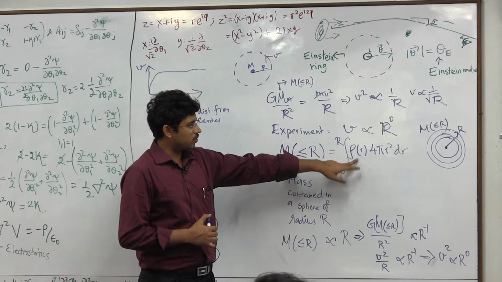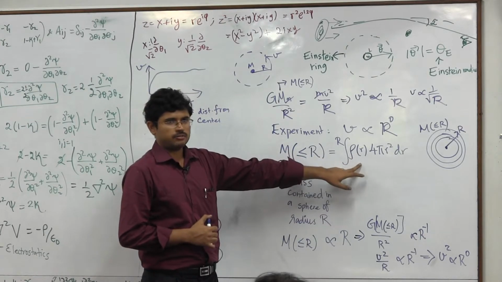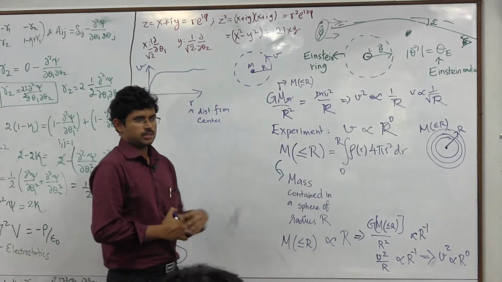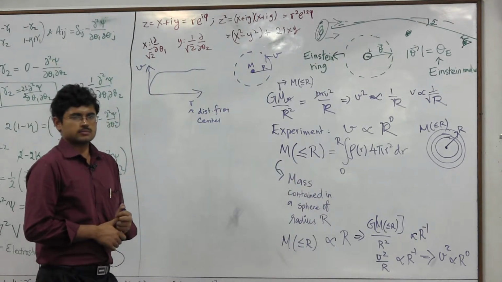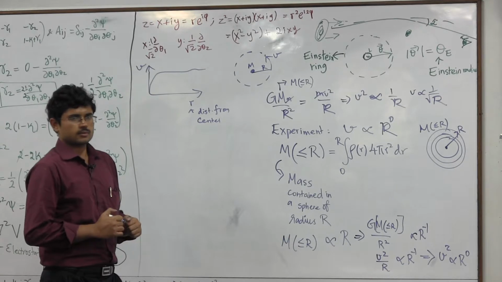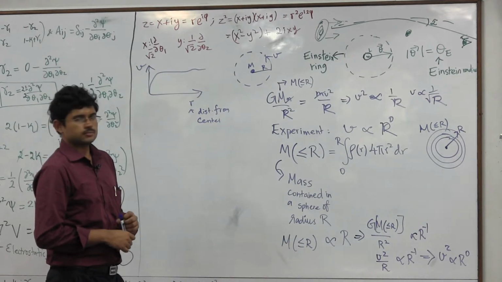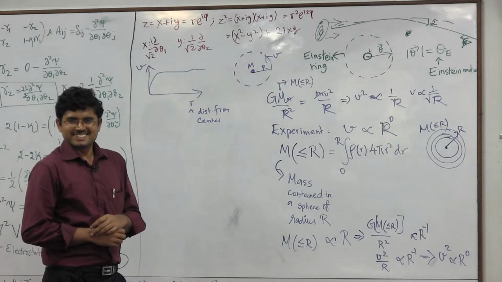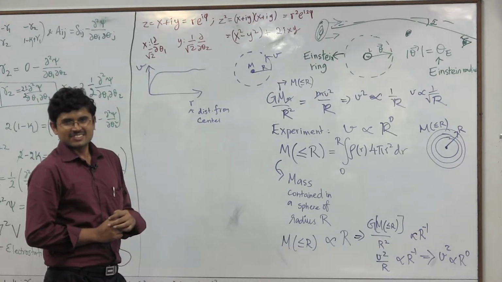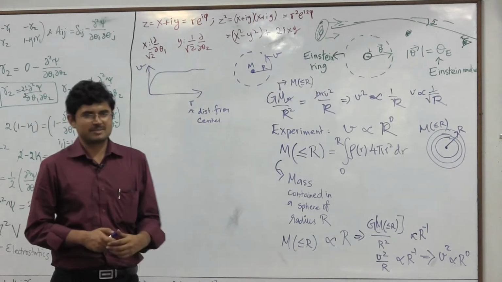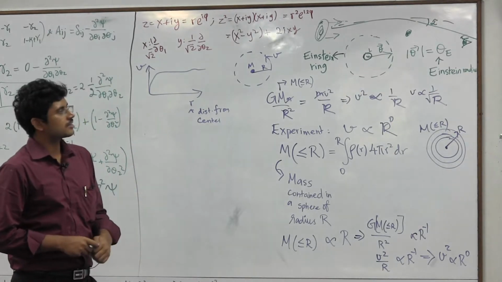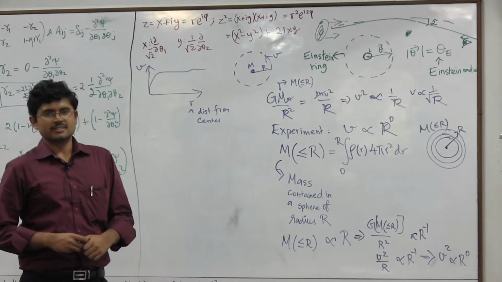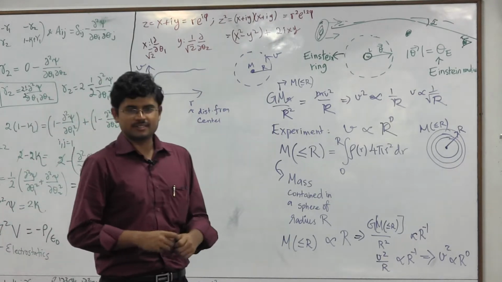How should rho of little r be as a function of r for this to have a linear dependence in r? The answer is already there. And it's not r cubed.